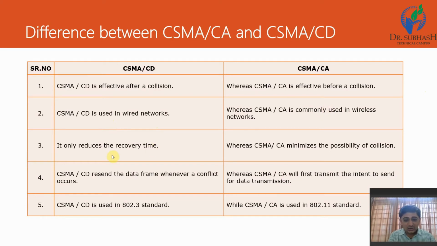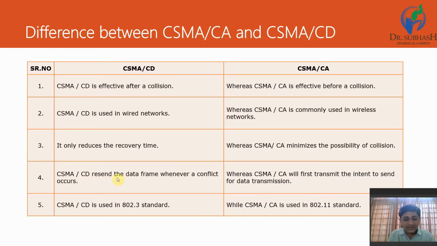CSMA/CD reduces the recovery time, and CSMA/CA minimizes the possibility of collision. CD means it will detect the collision, and CA means it will analyze avoidance of collision. So CSMA/CD reduces the recovery time, and CA will minimize the possibility of collision.